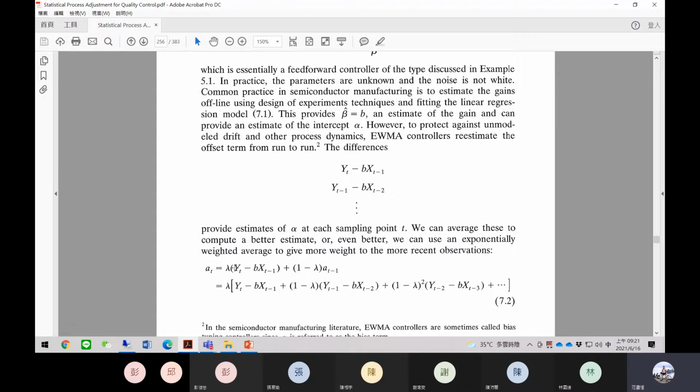So AT equals lambda times YT minus BXT minus 1, which produces the estimate at time t, and also puts a portion on the last estimate, AT minus 1, with weight 1 minus lambda. And then we factor out lambda.